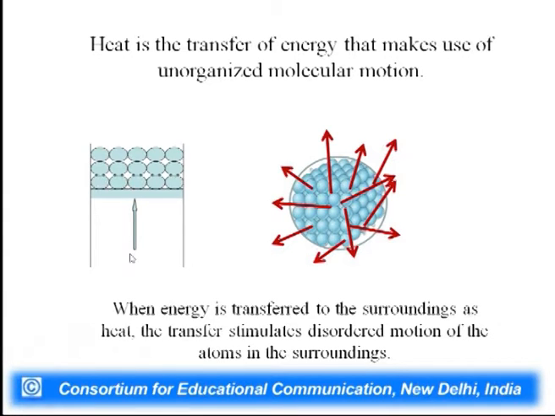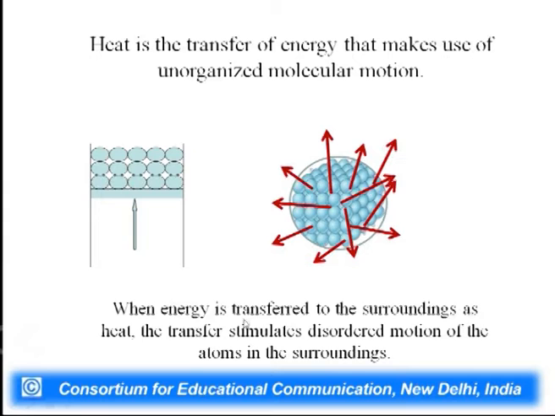So, suppose heat is supplied by the system to its surroundings, the molecules will go into random, unorganized molecular motion. So, any energy which induces unorganized motion is called heat.